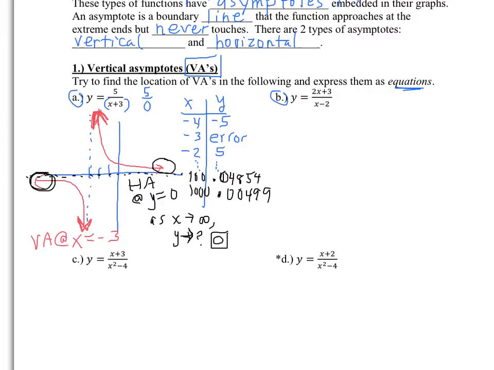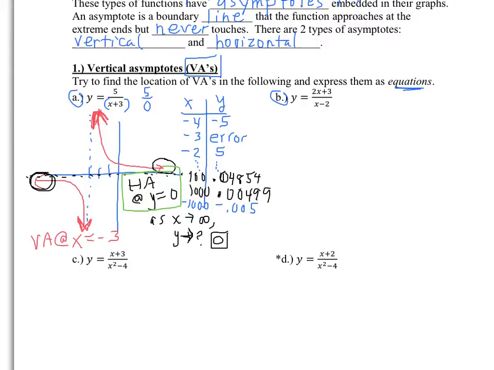If you were to plug in something like negative 1,000 into your calculator in the table of values, you'd get negative 0.005. So that's another value very, very close to 0. So we say that we have a horizontal asymptote at y equals 0. So that means as x gets really, really big, our function is leveling off. It's approaching the line y equals 0.